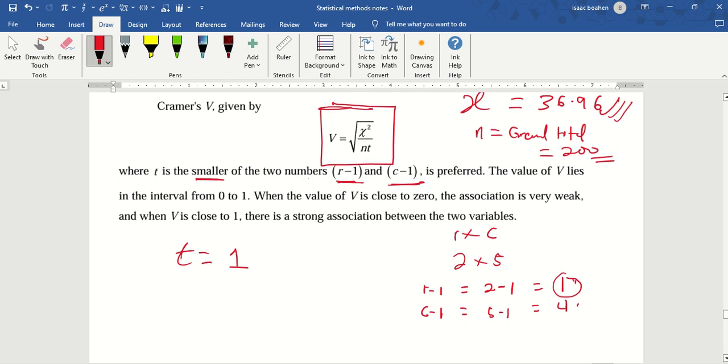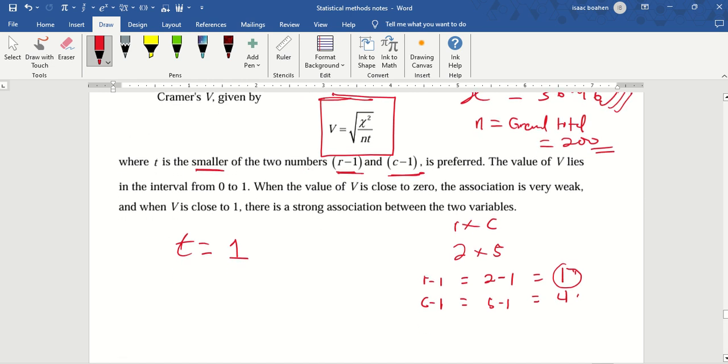So we can now substitute this into the formula. Therefore, our Cramer's V is going to be the square root of the calculated chi-squared, which is 36.96, divided by the grand total n, which is 200, times the t, which is 1.